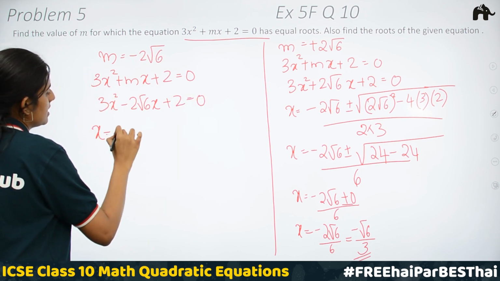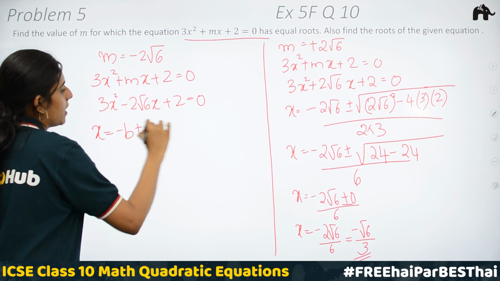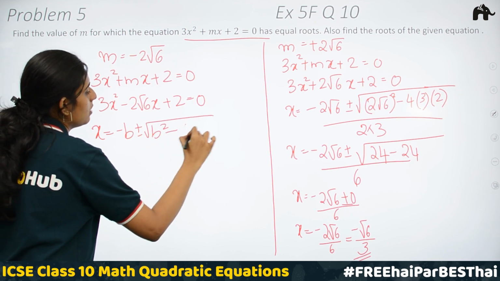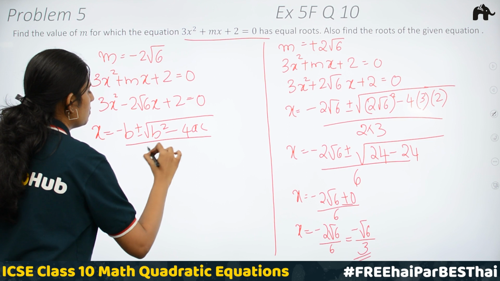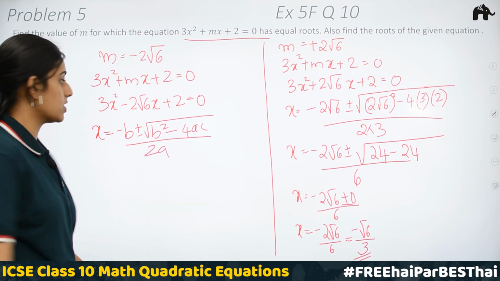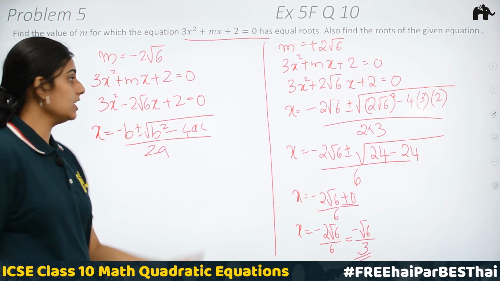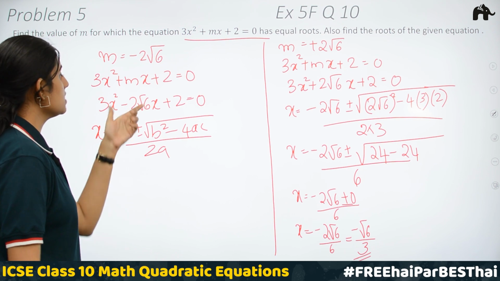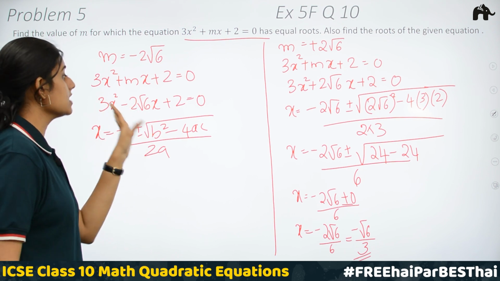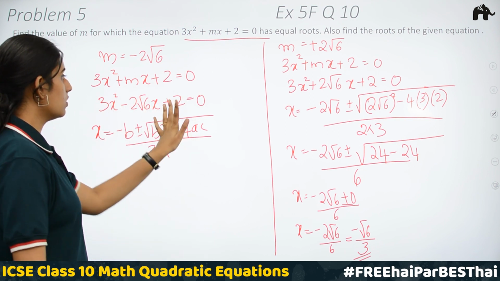Equation x is equal to minus b plus or minus root of b square minus 4ac divided by 2a. Substitute the values. What are a, b and c here? a is equal to 3, b is equal to minus 2 root 6 and c is equal to 2.